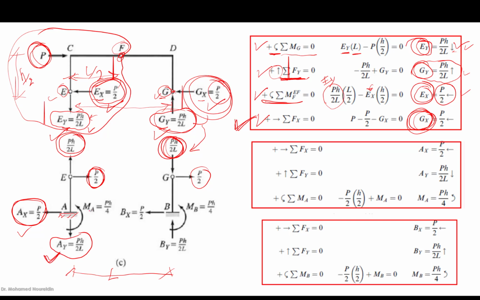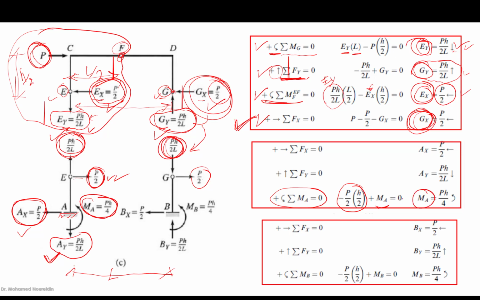Then we know this reaction now. And at the end, we want to know MA. If you look here, P over 2 is going to make the moment. However, PH over L will not do anything. Then the moment here, in order to maintain the equilibrium of EA, should equal MA in this case. We take the moment at A, then it should equal minus P over 2 times H over 2, which is the horizontal component at E, plus MA.